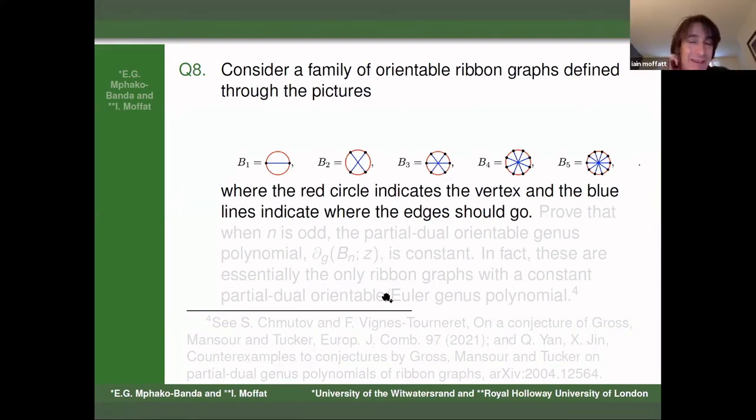But the idea here is that these are one vertex ribbon graphs, and the red circle is the boundary of the vertex. So think of that red circle as defining where the vertex is. And these blue lines indicate how the edges would be going round. So you've got a one vertex ribbon graph on some number of edges, and all of those edges are interlaced with each other. So I think the question was about just interpreting these figures.